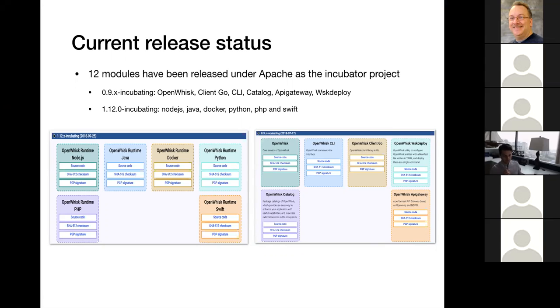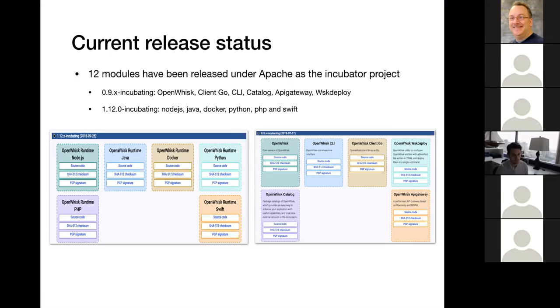I received enough votes for the very last two vote emails about all the 6 runtimes. So I sent out the release, updated our website, and I still need to send out an announcement to both the Apache general list and our dev list as well.